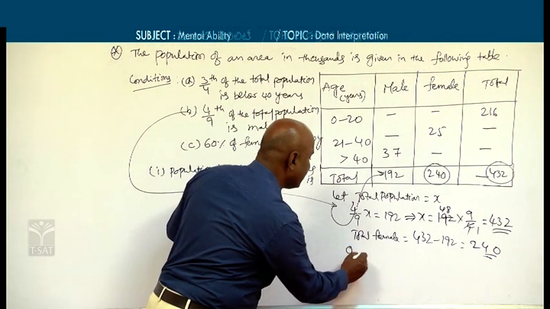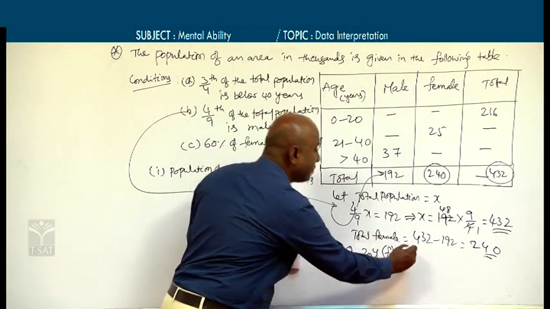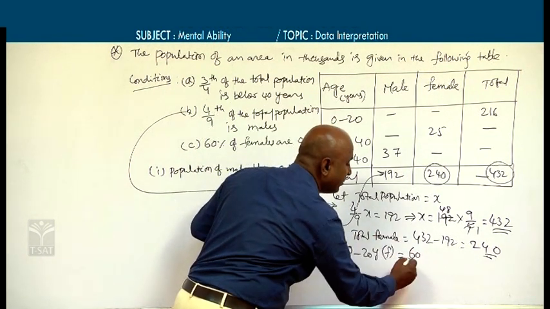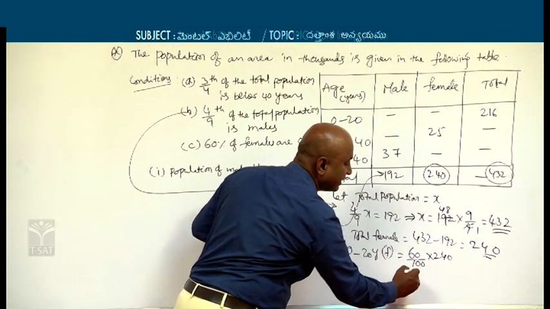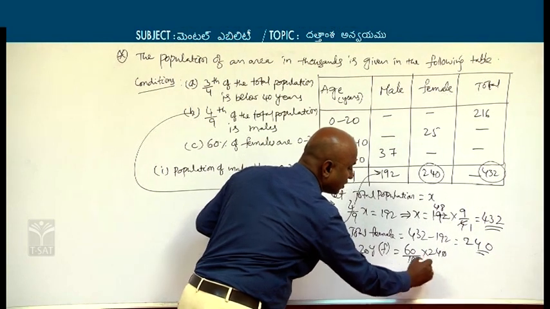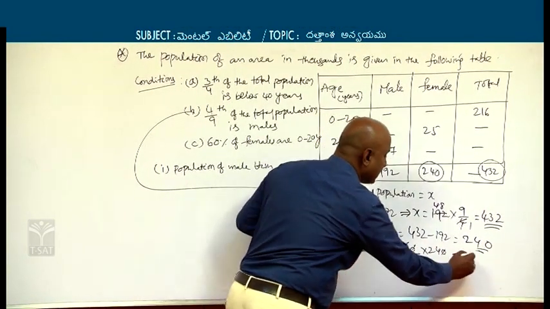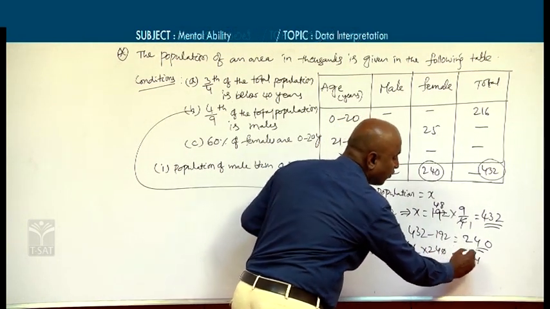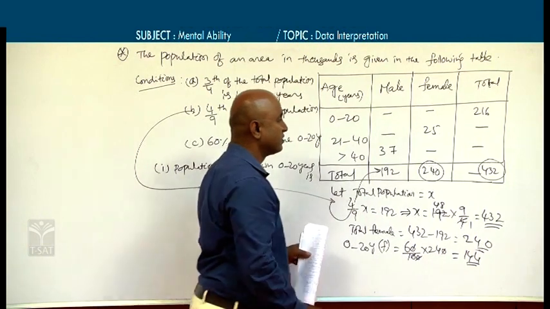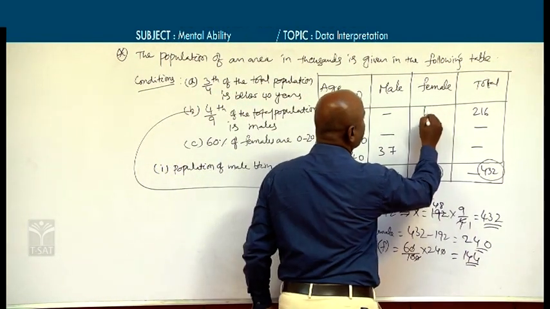So the 0 to 20 years female population is 60% of 240, that is 60 by 100 into 240. 6 fours are 24, 6 twos are 12, and 2 fours... 144. So the 0 to 20 years female population is 144,000.